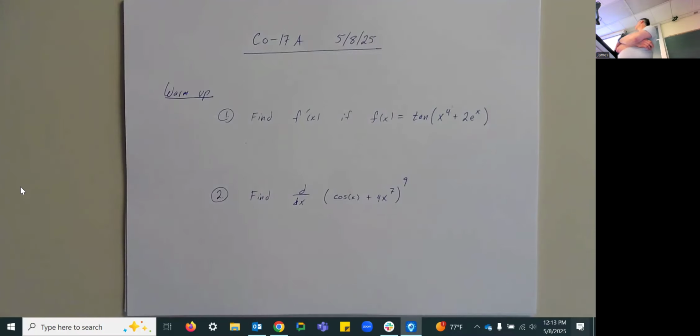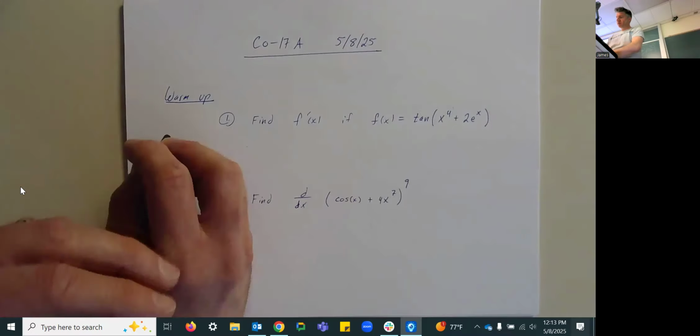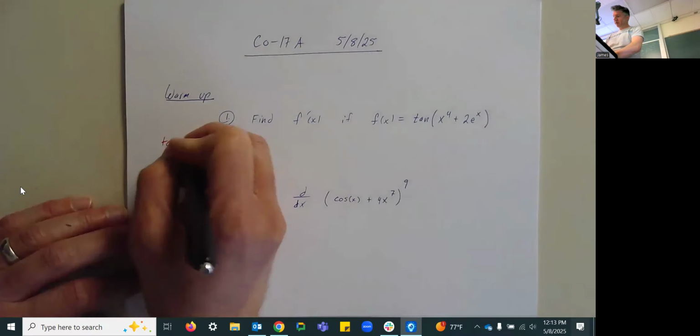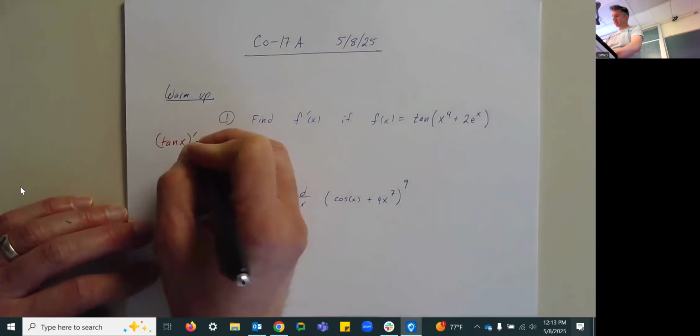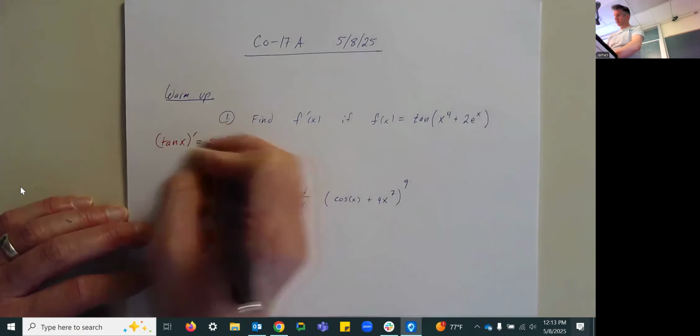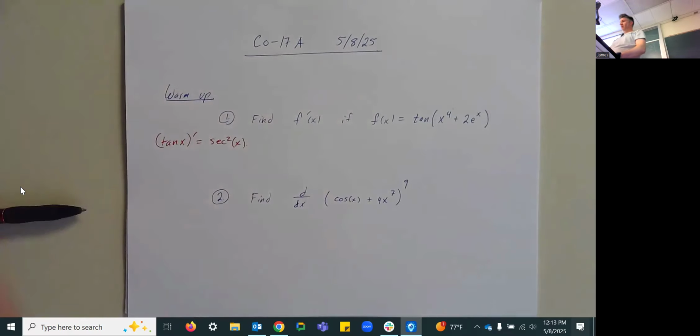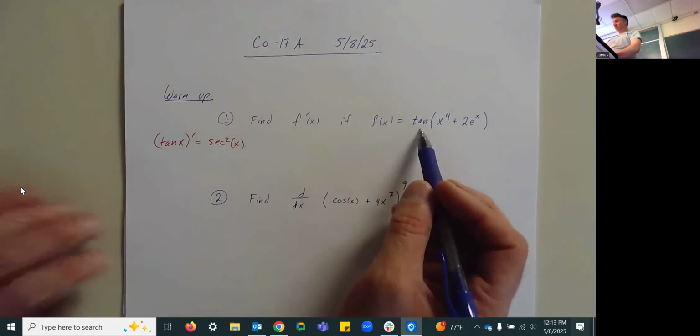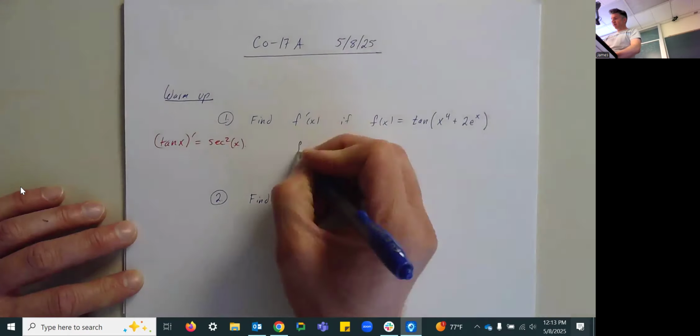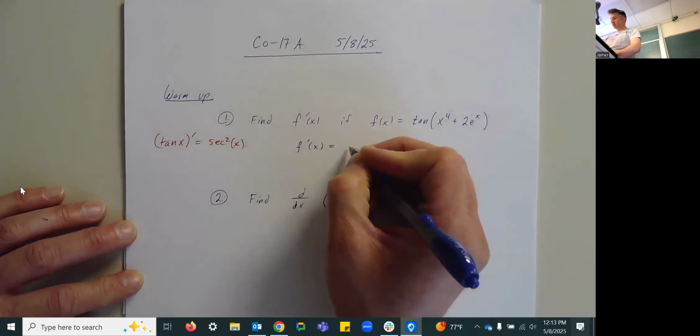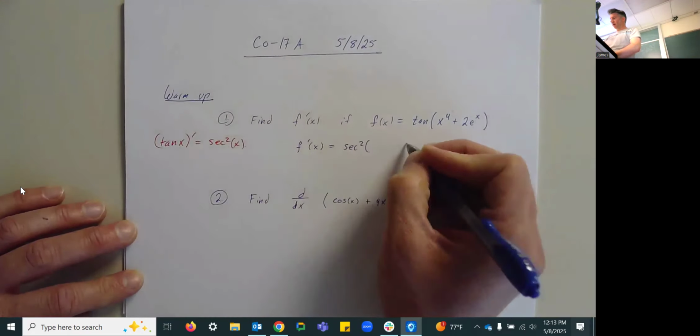We'll take a look. So for this first one, what I'm thinking is I have tangent of some stuff. I know the derivative of tangent of x is secant squared of x. So if I'm trying to find the derivative of tangent of this stuff, my derivative is going to equal secant squared of that stuff.